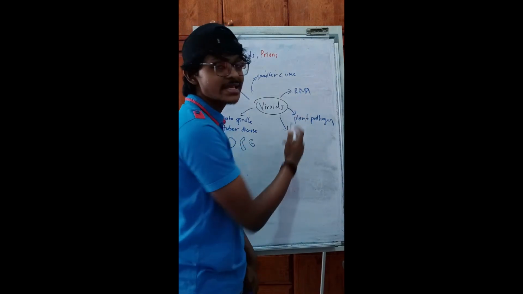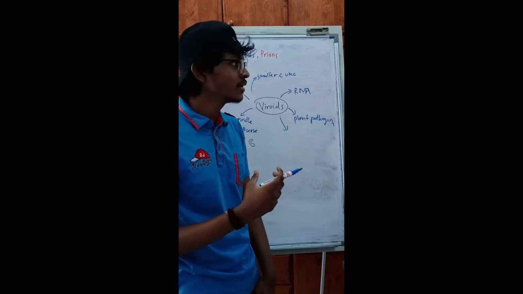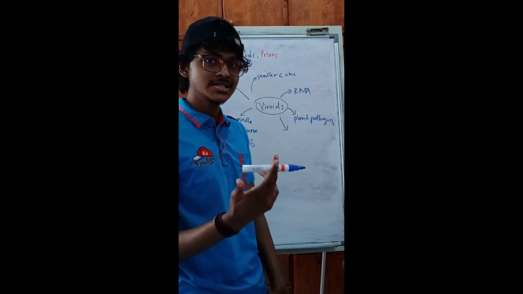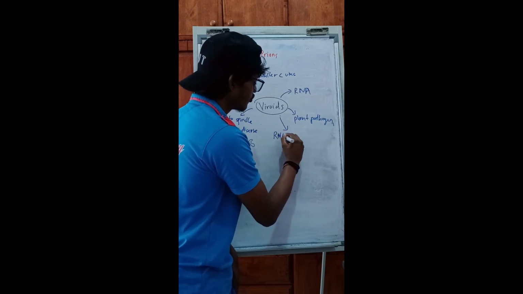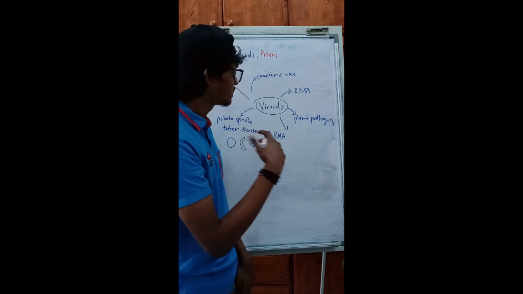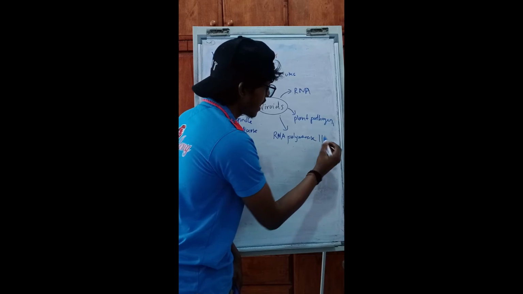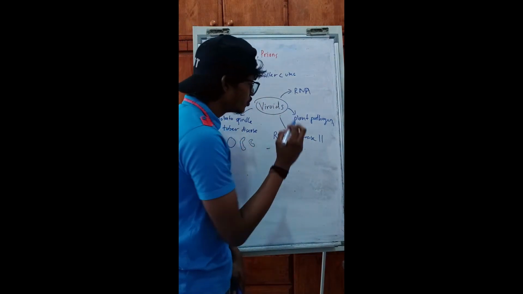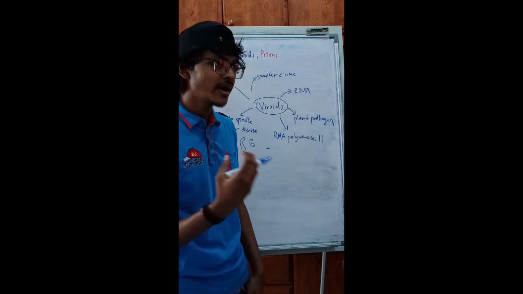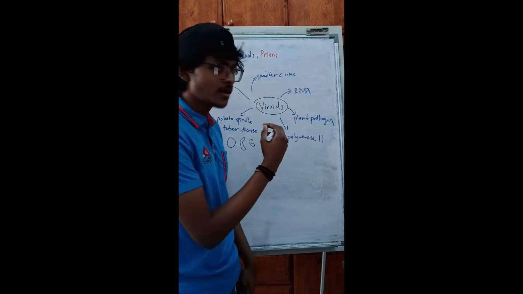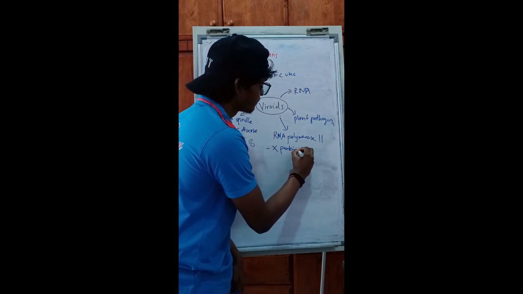The RNA is transcribed by RNA polymerase 2. So viroids are specifically transcribed by RNA polymerase 2, and these do not produce proteins. Usually viruses and other cells make proteins from RNA, but here no proteins are produced.